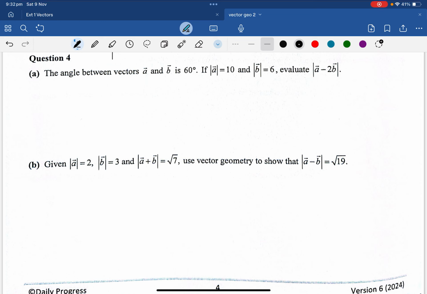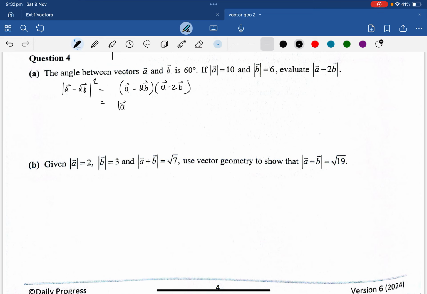Simple. So see here, vector a minus 2 vector b, if we square this, see that? Exactly. Now what you can do is expand.